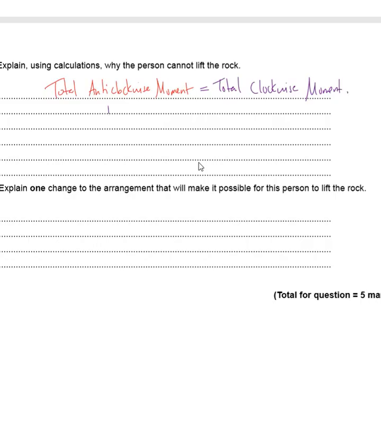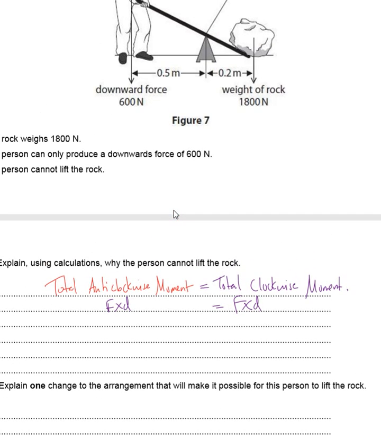Okay, so we have force and distance, force and distance. Let's go back up. What we have is 600 times 0.5 equal to 1800 times 2. Okay, now half of this is 300. The unit is Newton meter.